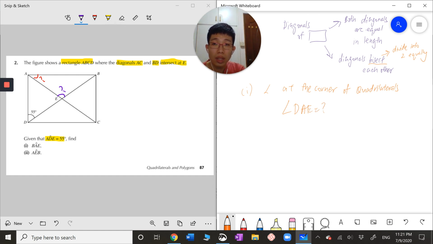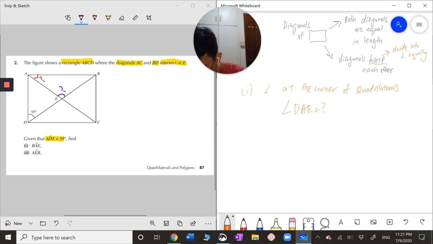So angle DAE, what is it? In this case, we know that the interior angle of a rectangle is 90 degrees because they are right angles. So in order to find angle DAE, first step, I need to make use of the diagonal of a rectangle property.